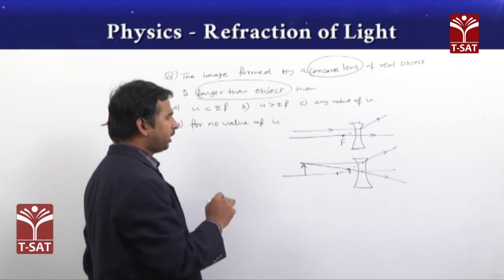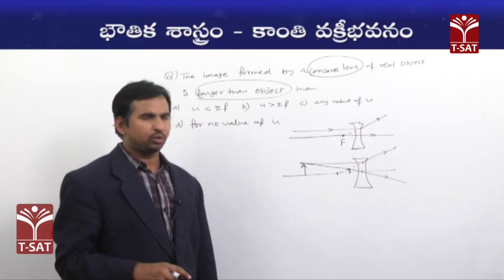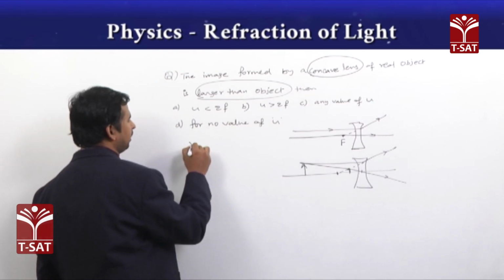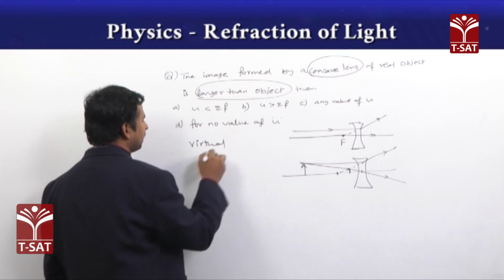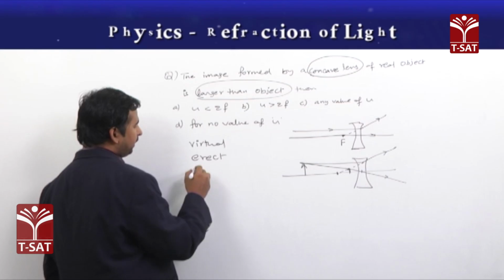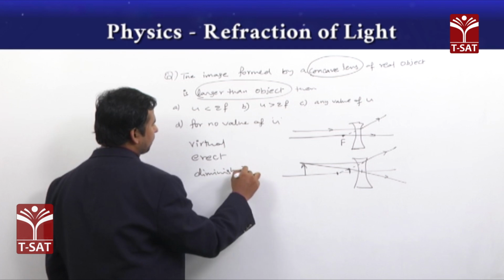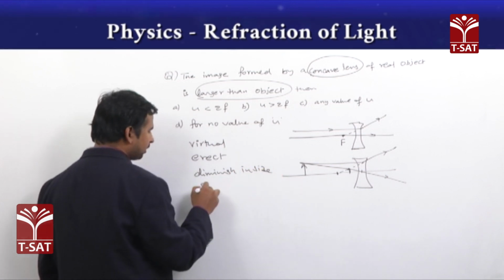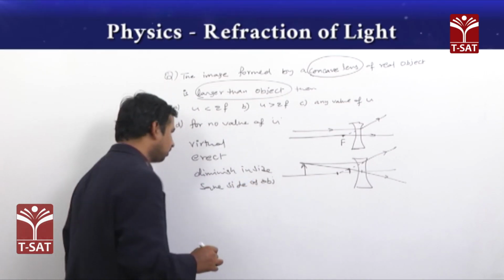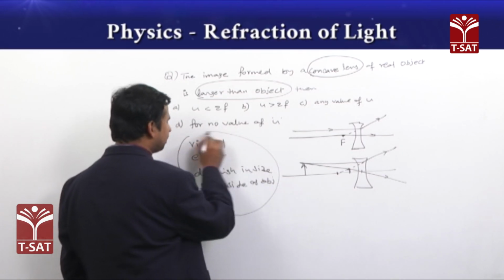Anywhere you take the object, from infinity up to the lens, it always shows the same characteristics: a virtual image, an erect image, diminished in size, and formed on the same side as the object. Virtual, erect, diminished and same side. For any case, these are the image characteristics we have.